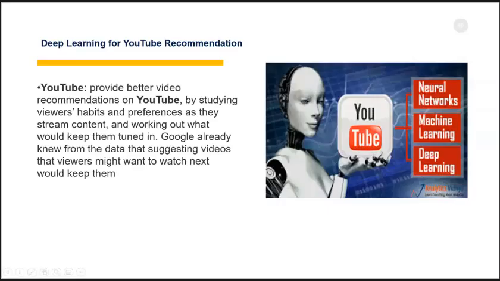Another example is YouTube recommendation. YouTube provides better video recommendations by studying viewers' habits and preferences as they stream content and working out what would keep them tuned in. For example, if you are watching a video, at the end of this video the data suggests videos that viewers might want to watch next to keep them watching.